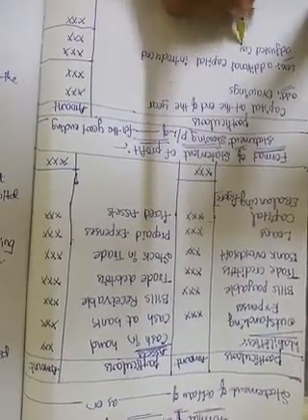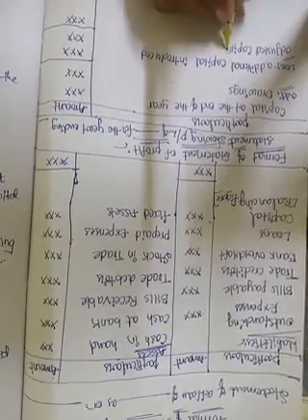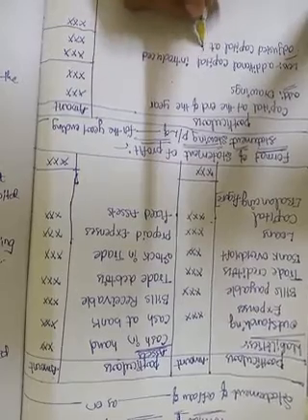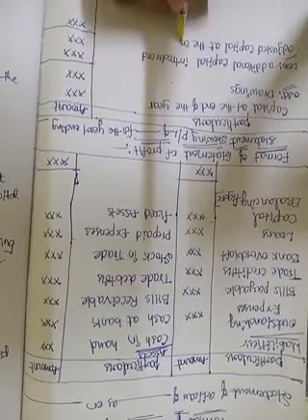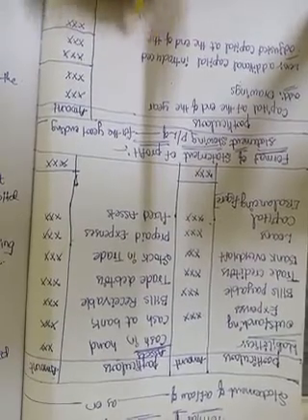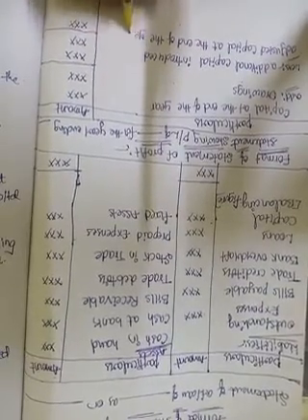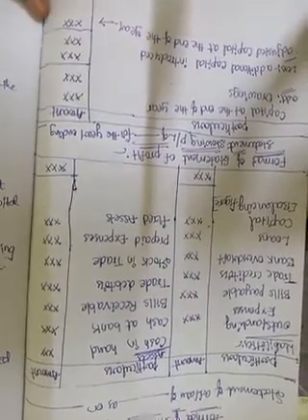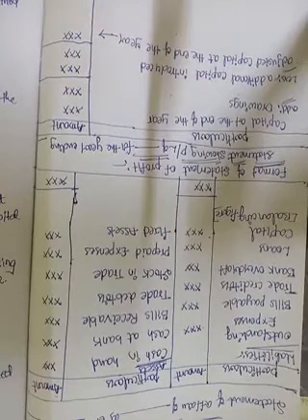Adjusted capital at the end of the year. After getting this value, again we will deduct it.